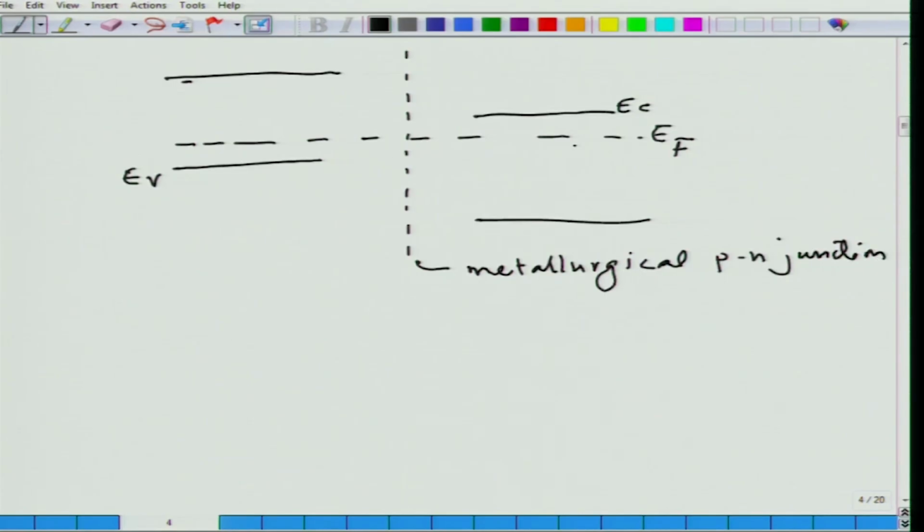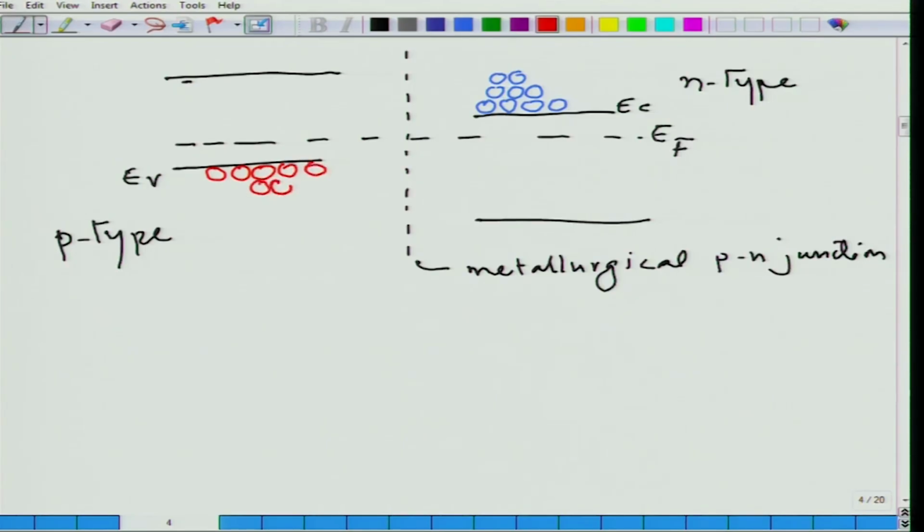Far away from the junction, this material stays as n type, and far away from this junction, this stays as p type. What does n type mean? N type means that you have more number of electrons here, and I am going to denote my electrons in blue color, and p type means you have more number of holes in the p type, and I am going to always show my holes in red color, and there are less number of holes here and less number of electrons in the p type.